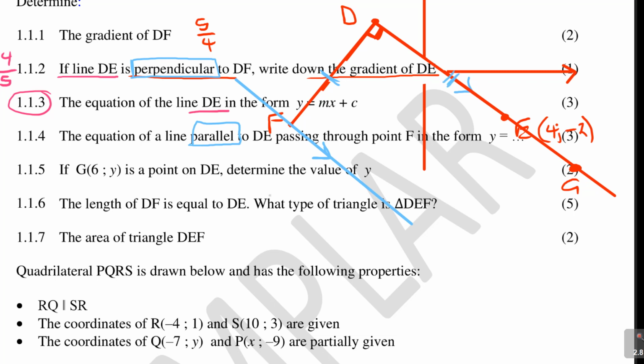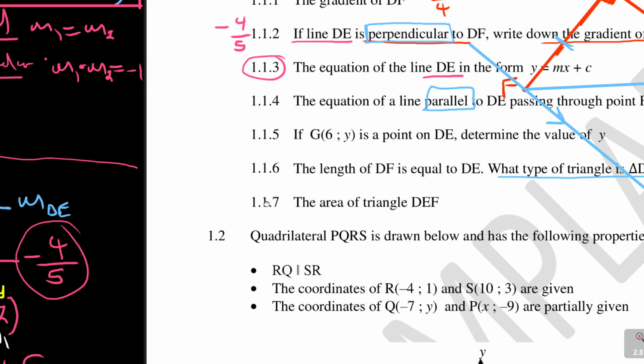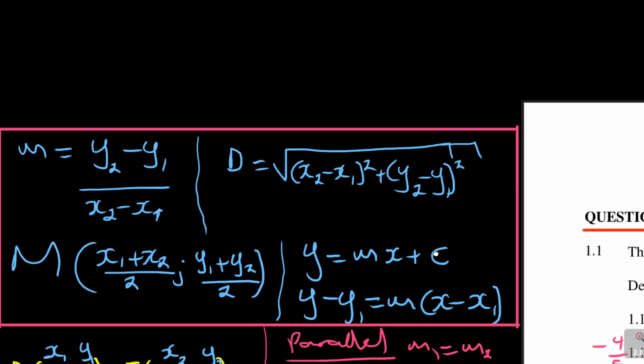And then it says, what type of triangle is DEF? I don't know why it's 5 marks, but what type of triangle? It's an isosceles triangle. If these two are equal, it's an isosceles triangle. But for the 5 marks, maybe they wanted me to find DF and DE. Then let's find the length of DF and the length of DE.